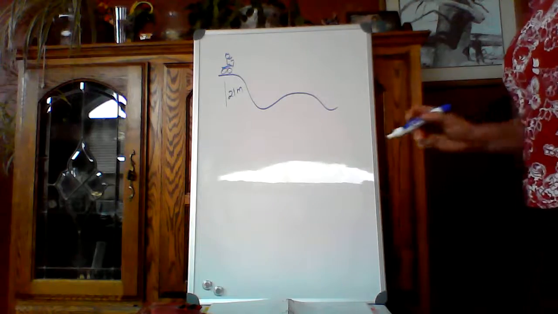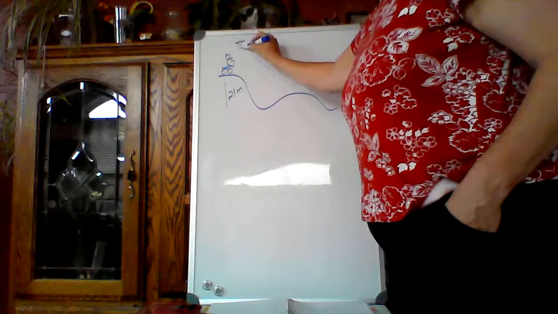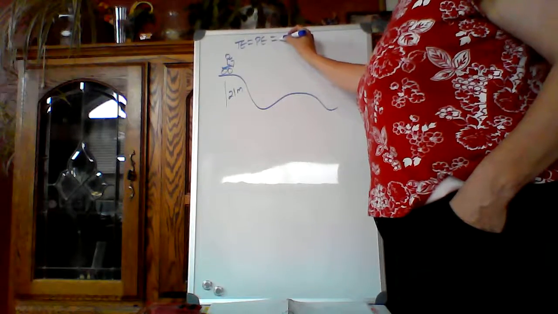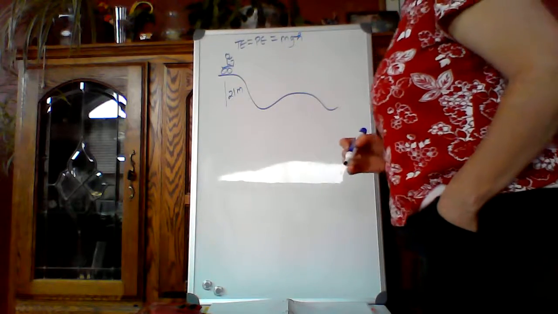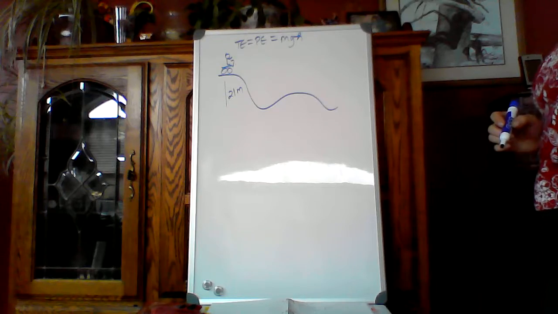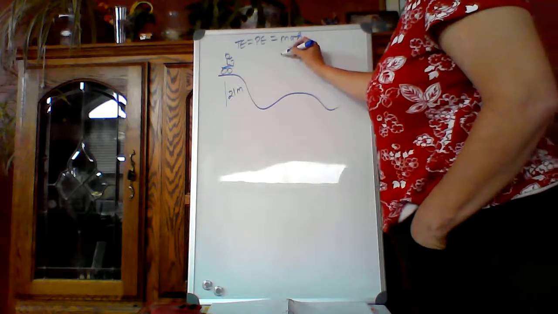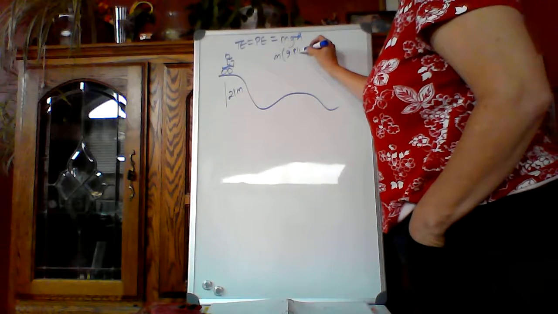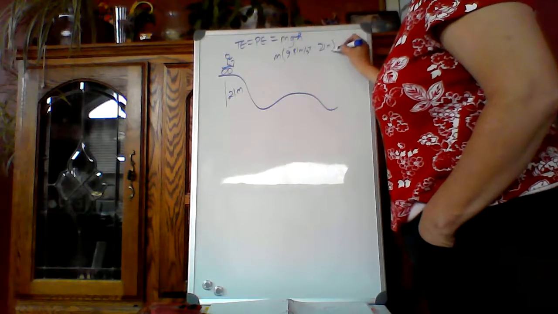And so pretty much all we know is that at this point, he's not moving, so we can say the total energy is going to equal the potential energy, which is going to equal the mass times the gravity times the height. But we don't know his mass. So we can say that it's equal to the mass times 9.81 meters per second squared times 21 meters.